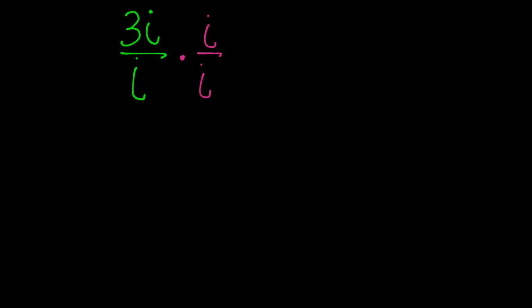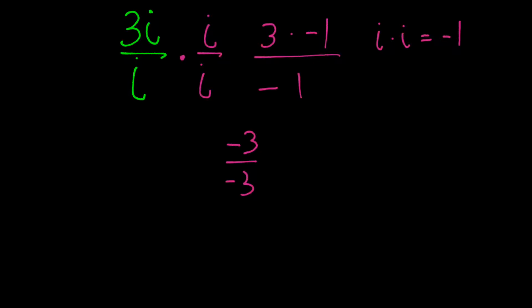So I multiply 3i times i, and remember from the previous video that i times i equals negative 1. So I will have 3 times negative 1 all over negative 1. That means I have negative 3 over negative 1, which becomes positive 3 over 1, which becomes just 3.